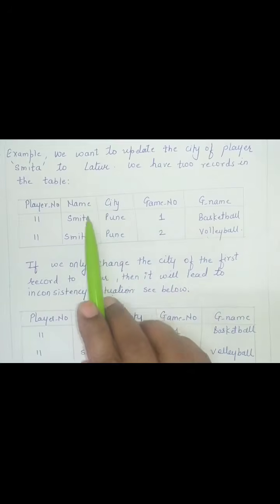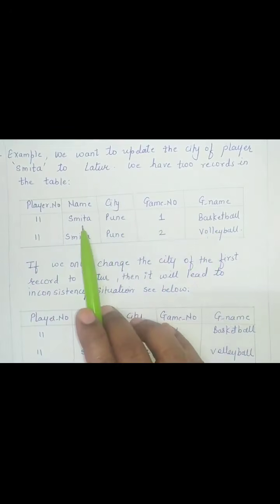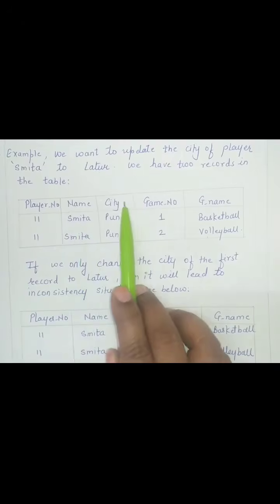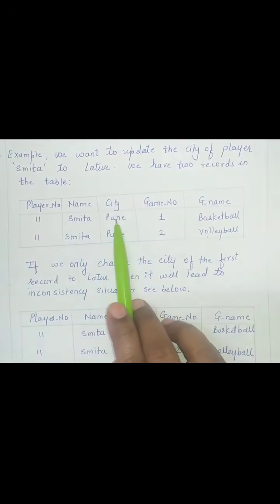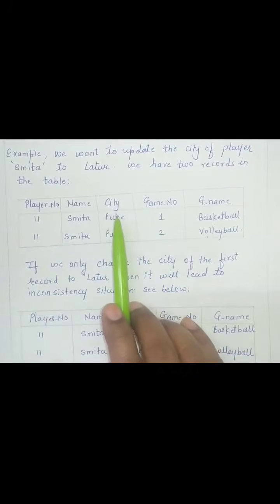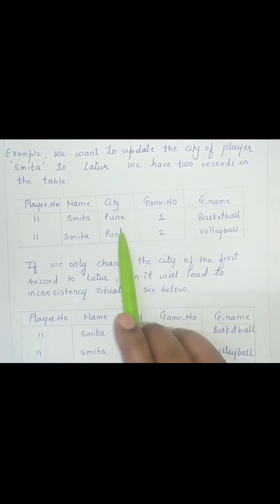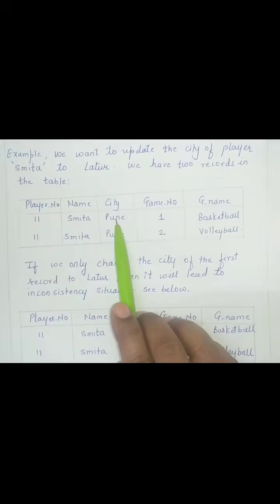Looking at the game player relation, we have two records in the table with the name Smita, and we are trying to change the city of Smita from Pune to Latur. So we have to modify the city in both rows, changing Pune to Latur.